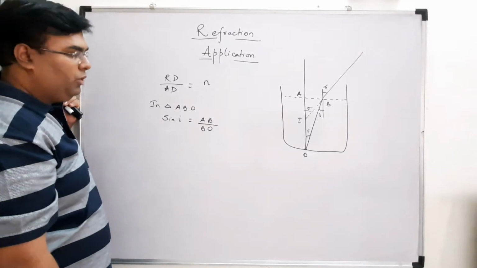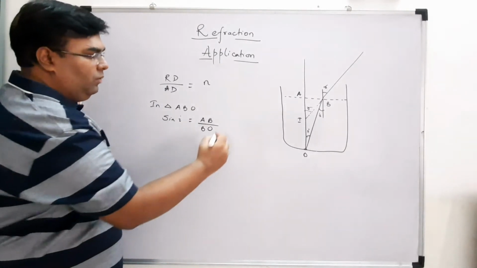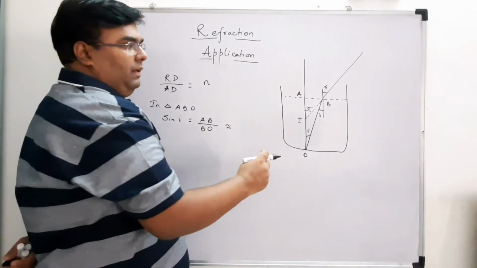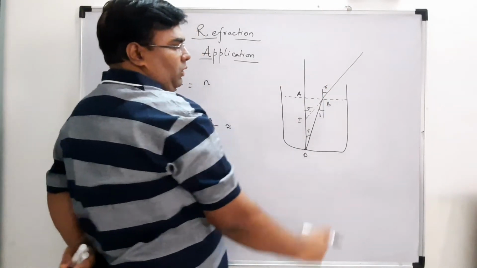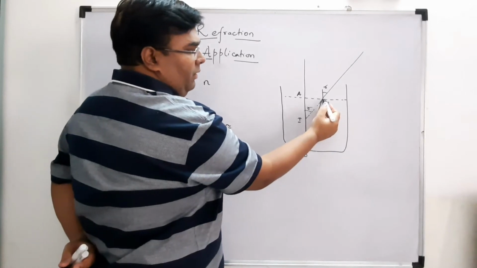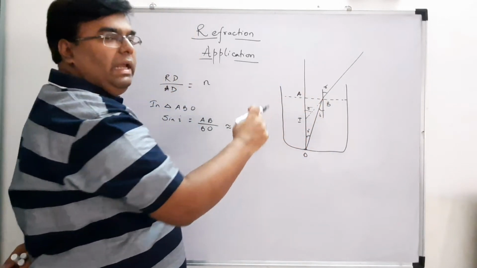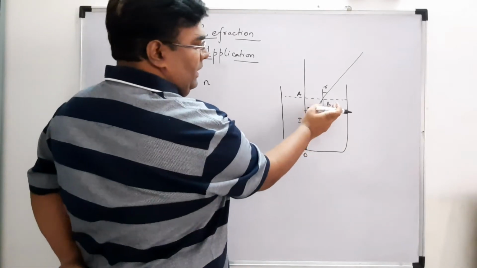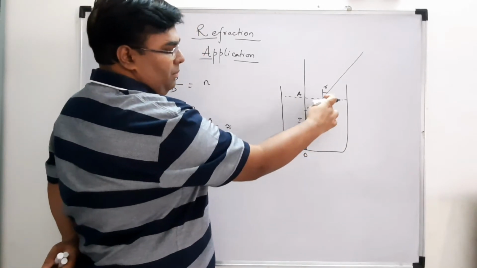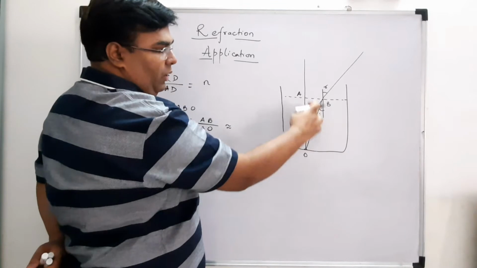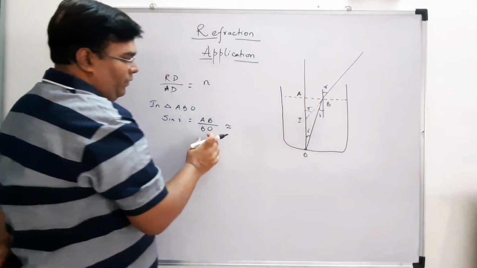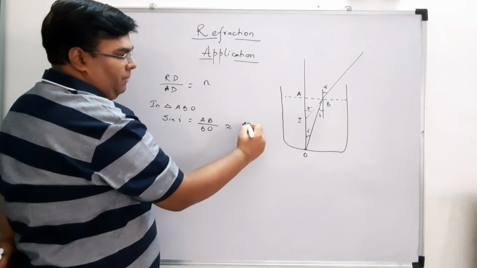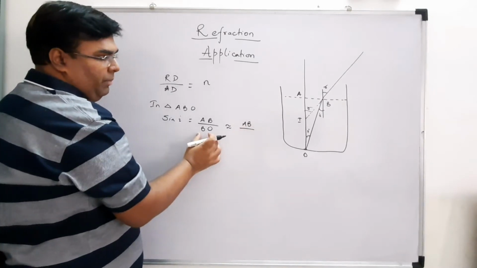BO is the hypotenuse. Now, we will be looking from the top, and this point B will be very close to A. This is our assumption. So B is very close to A, hence this BO will be equivalent to AO. So we can write AB upon BO as AB upon AO.